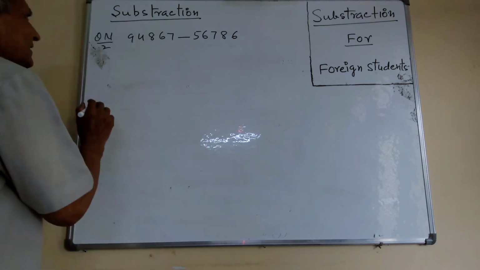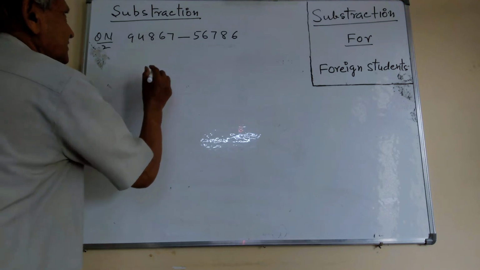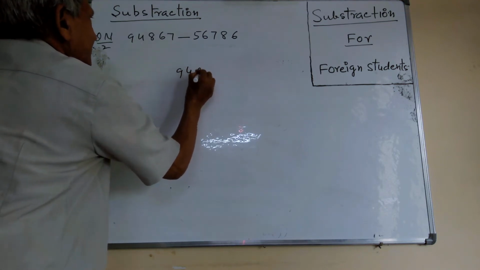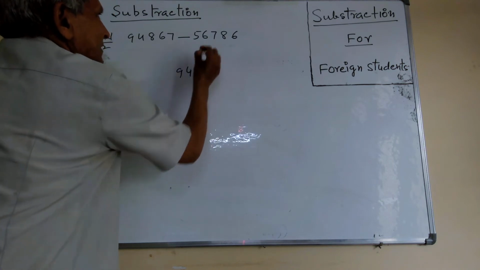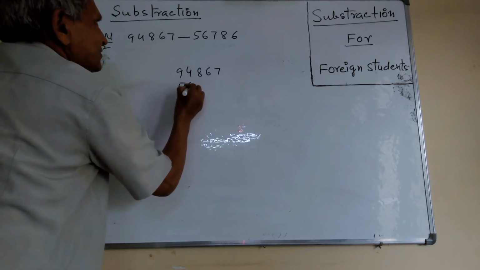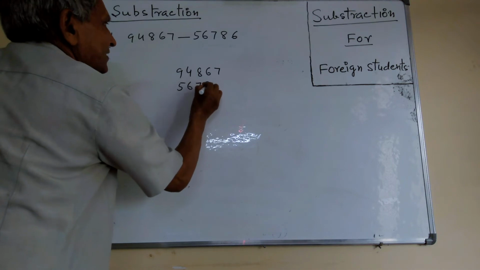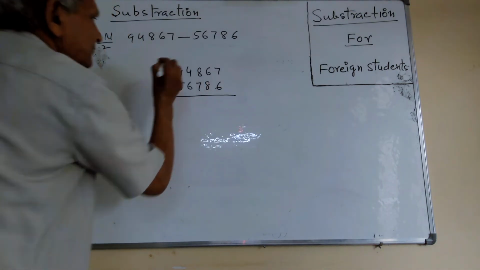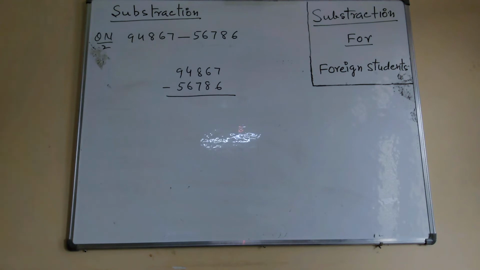So write down these numbers in the vertical form. 94867, second, 56786. We have to subtract this number from this.